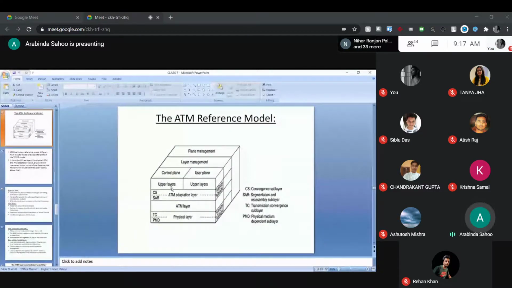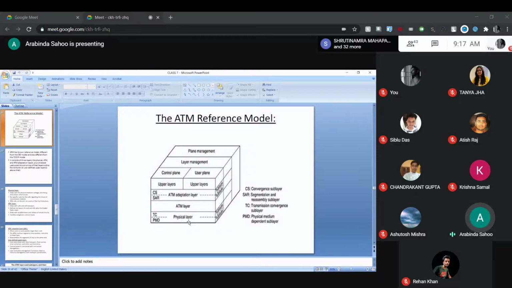So first all of you draw the diagram. Simply write down the different layers, then we'll discuss them.